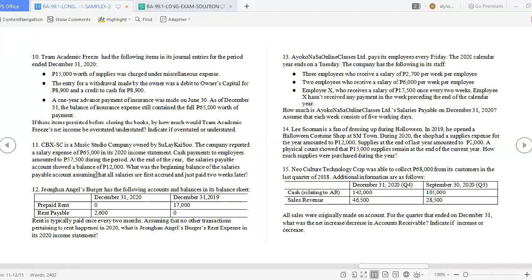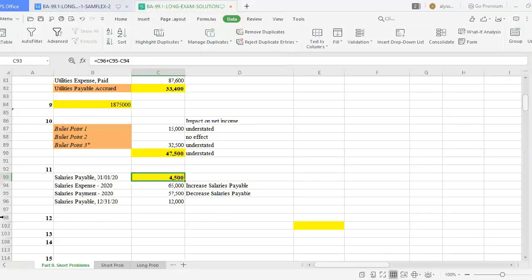So assuming that no other transactions pertaining to rent happen in 2020, what is the rent expense in the 2020 income statement? So by looking at the problem, you know that within December 31, 2019 to December 31, 2020, you consumed the 17,000 all. So this prepaid rent becomes rent expense of 17,000.